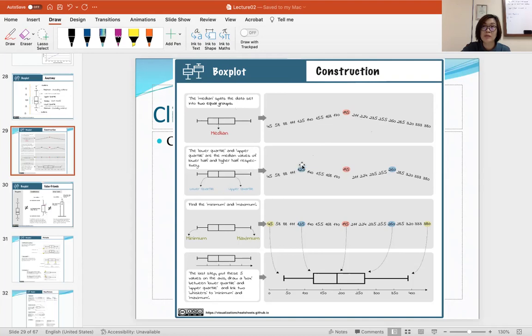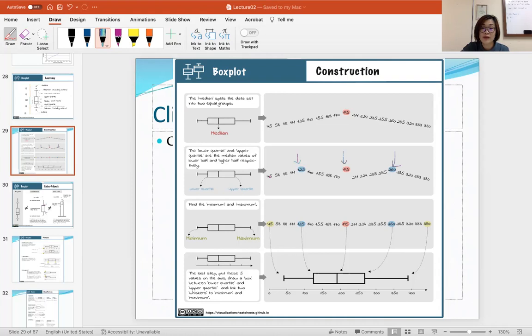It will be about 25%, and the other side, another half. So the 125 in this case is the first quartile, lower quartile. And the 260 is the upper quartile. This one, the 195, in this case is the median. Median and mean are different, yeah?